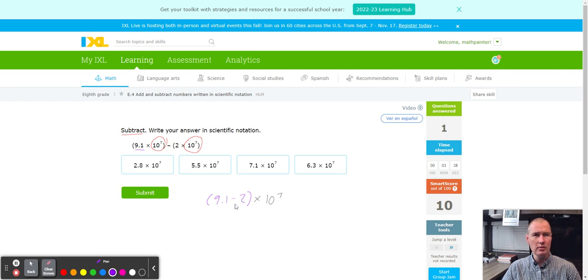And 9.1 minus 2 is going to be 7.1 times 10 to the 7th. And again, that's as far as we can go there. And take a look. It will be the third one in this case.